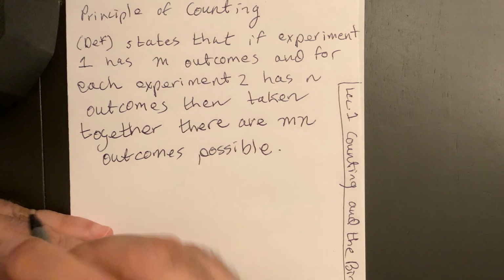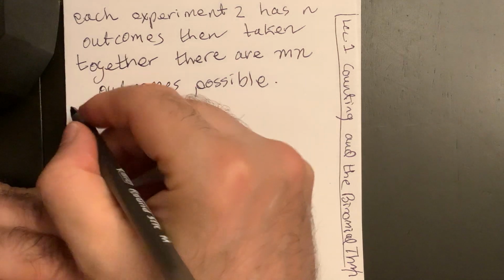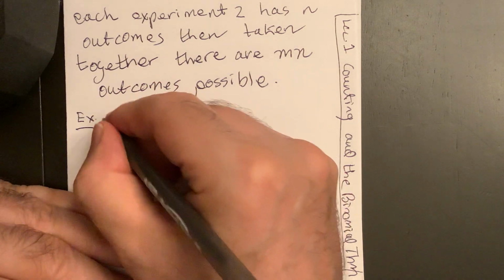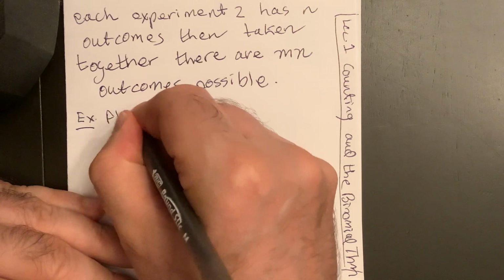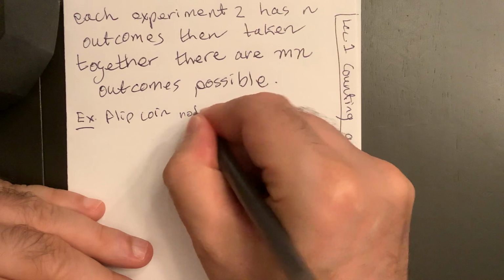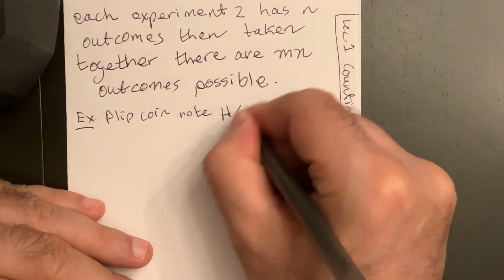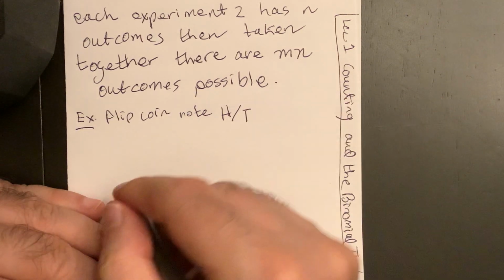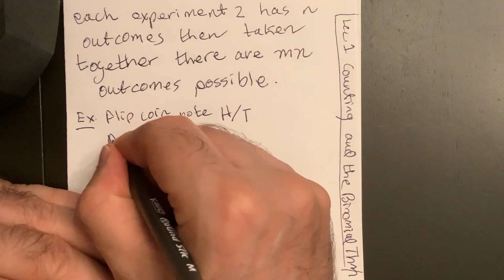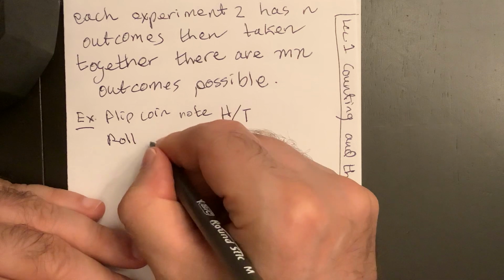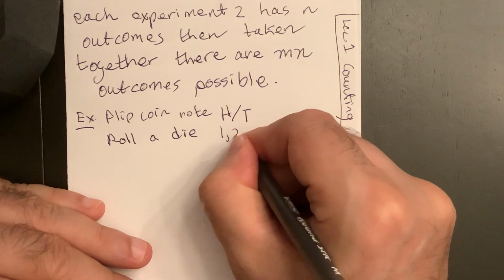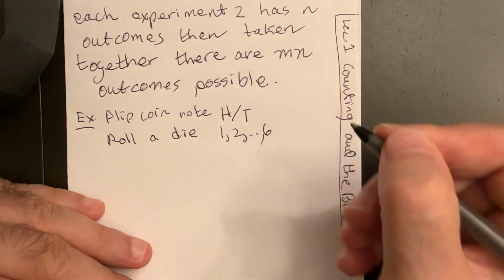So to be very clear, after a few examples, suppose we flip a coin and note heads or tails, and then independently of whether it's heads or tails, I always also roll a six-sided die and observe 1 through 6.